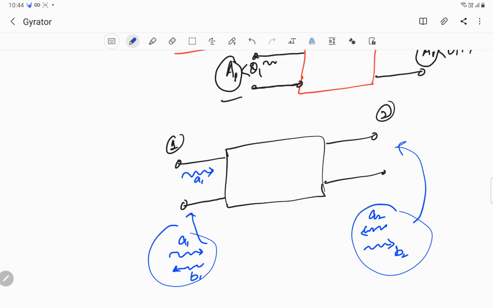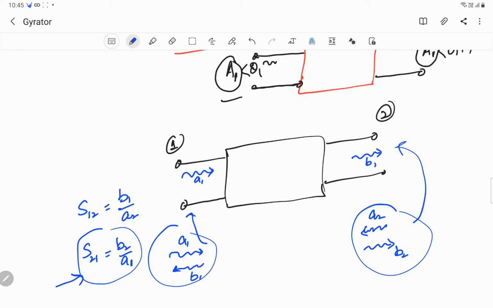Now what it means is that S12 would be B1 by A2, assuming all the ports are matched. And S21 would be B2 by A1. Here B2 would be in this direction.